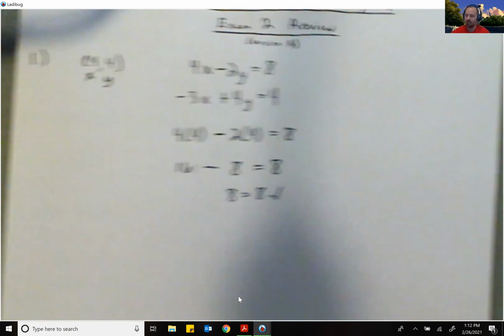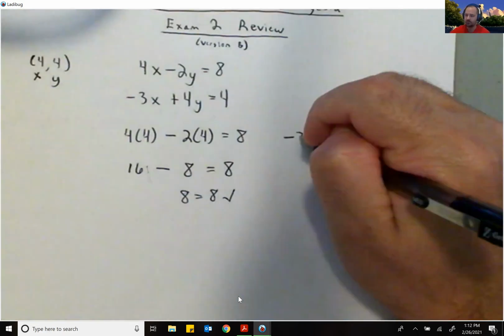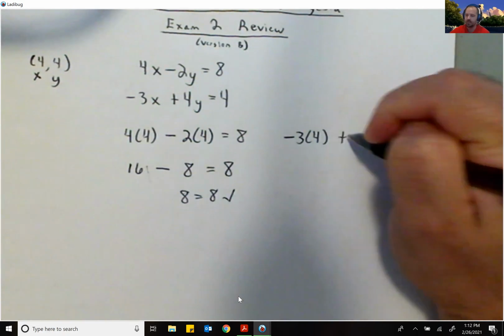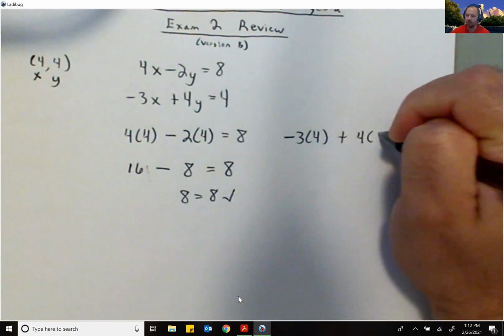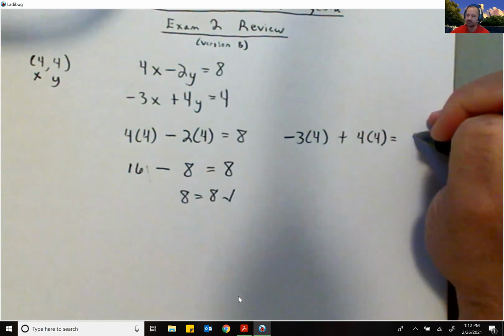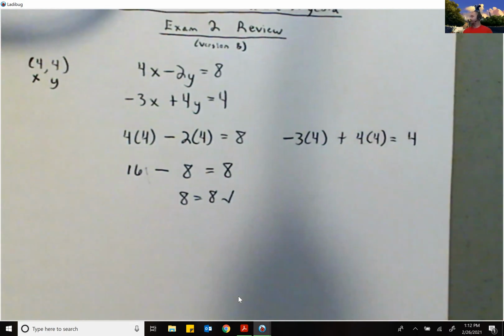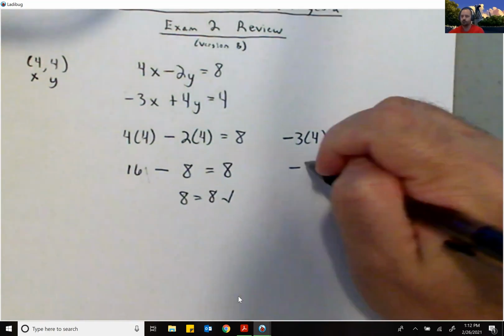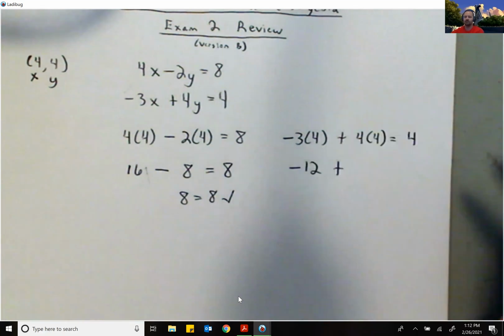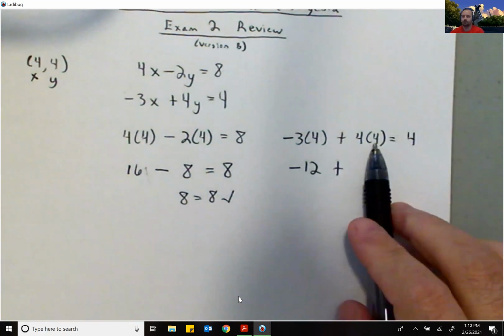Let's check the next one. Negative 3 times 4 plus 4 times 4. Is that 4? So what's negative 3 times 4? Negative 12. What's 4 times 4? 16.